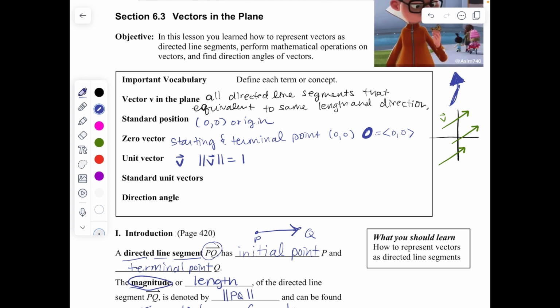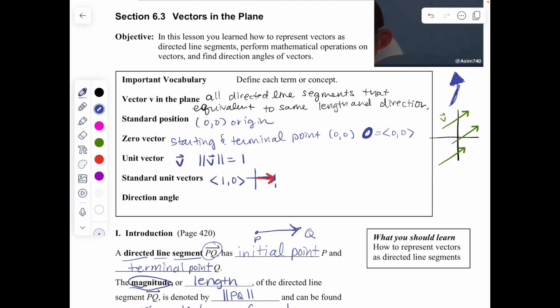Standard unit vectors, the standard vectors are 1, 0. Think about what that looks like. It would look something like this if this was our 1, 0. This unit vector would look like this, where this was a 1. Okay, so that's our standard unit vector, 1, 0. And I would have another one, 0, 1, which would look like this, starting at 0, 0, going up 1.